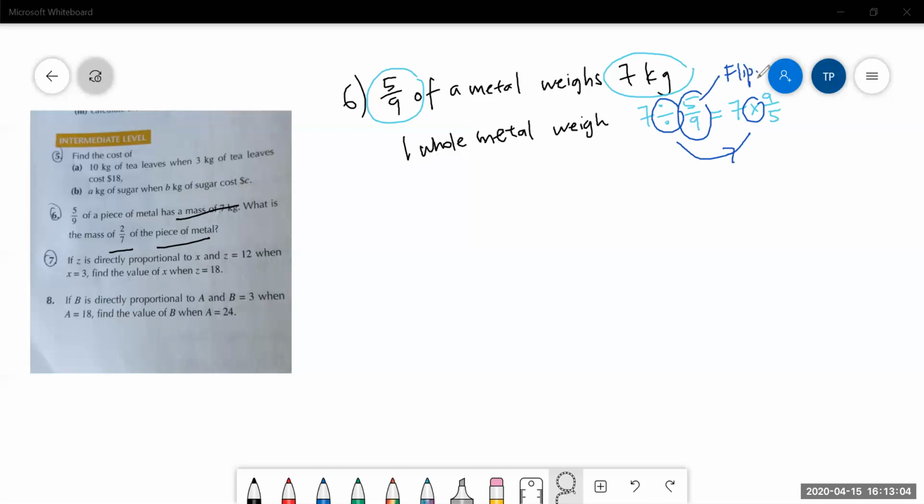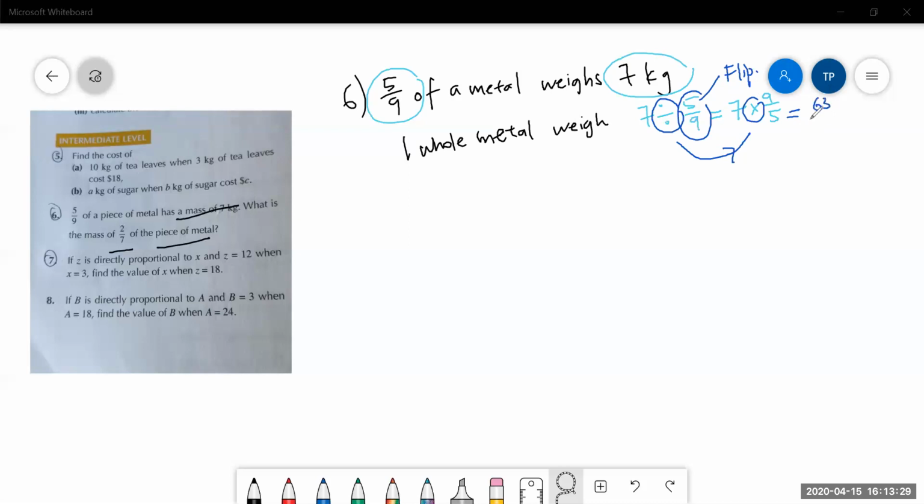Remember that? So you get 7 times 9 over 5, which will give you what? 63 over 5.